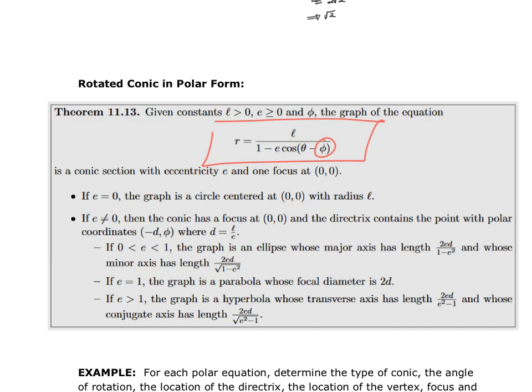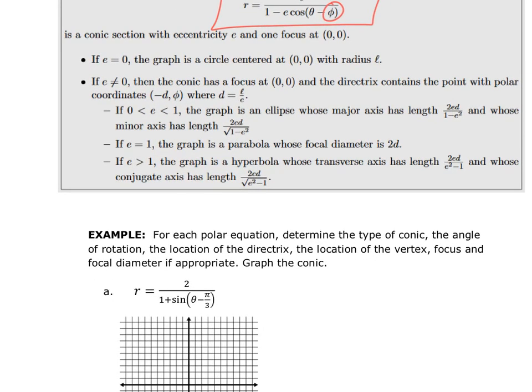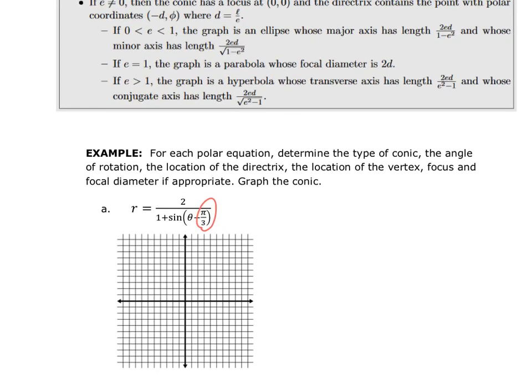It's so much fun. So as we take a look at this, it's already set up for us. It's already set up with phi, and it already is set up with theta. And phi is your rotation. So that tells you how far you're going to rotate. And so we're going to rotate my axes 60 degrees. And so it's going to look something like this.